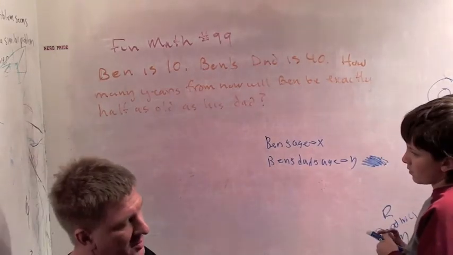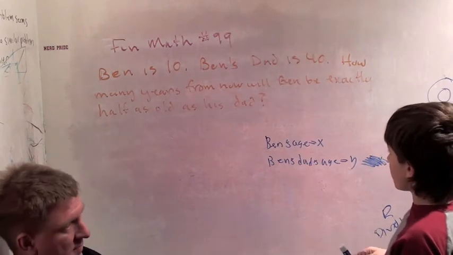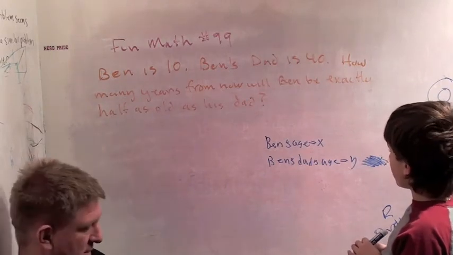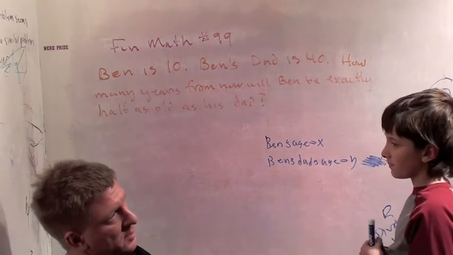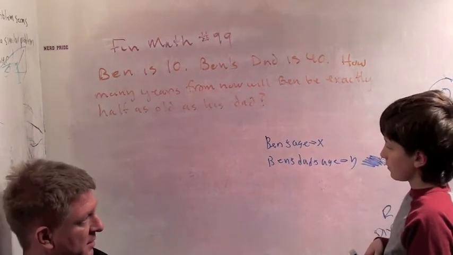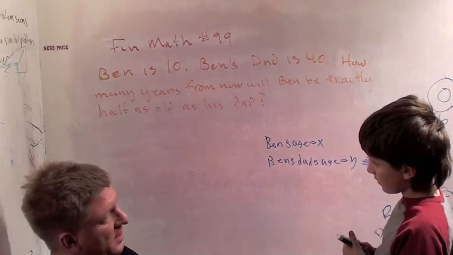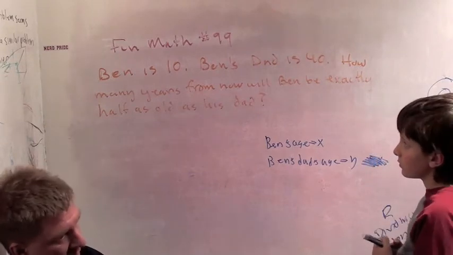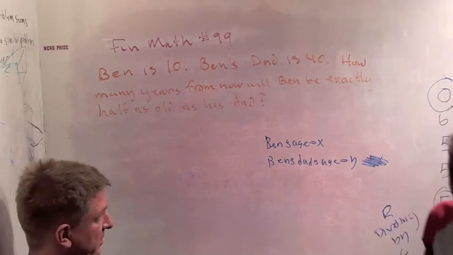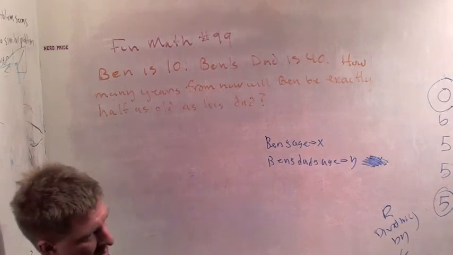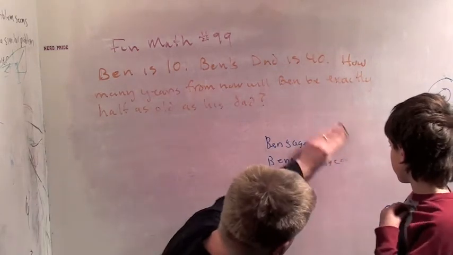What are we trying to solve for here? We're trying to solve for the number of years it'll take for Ben to be half as old as his dad. So what do we usually call x? The number of years it'll take. We usually let x be the thing we're trying to solve for. So why don't you grab that eraser over there? Okay, so x is what we're trying to solve for.